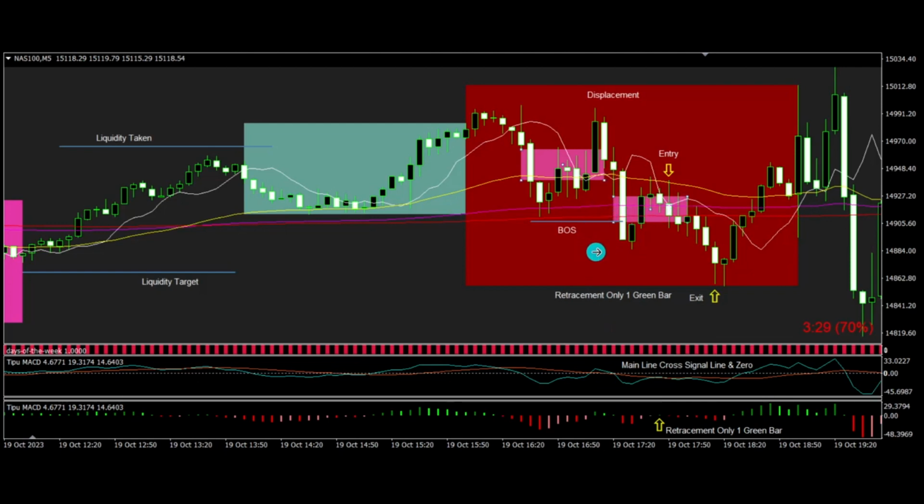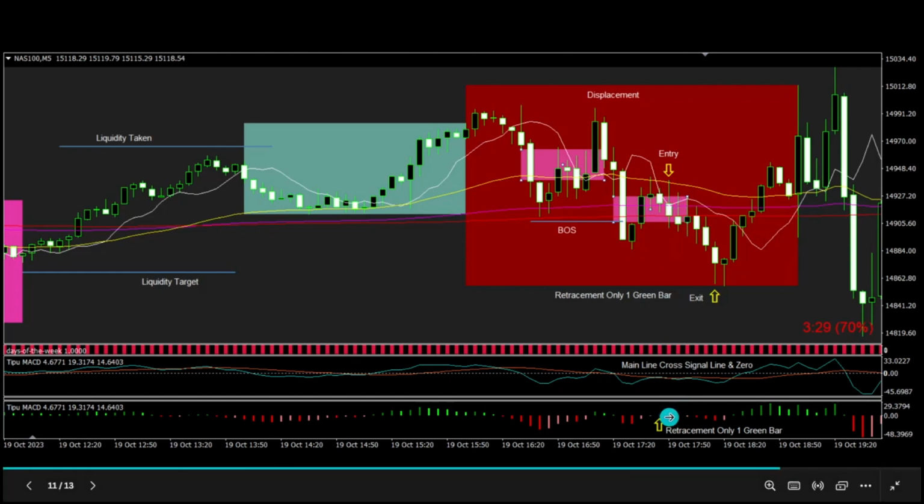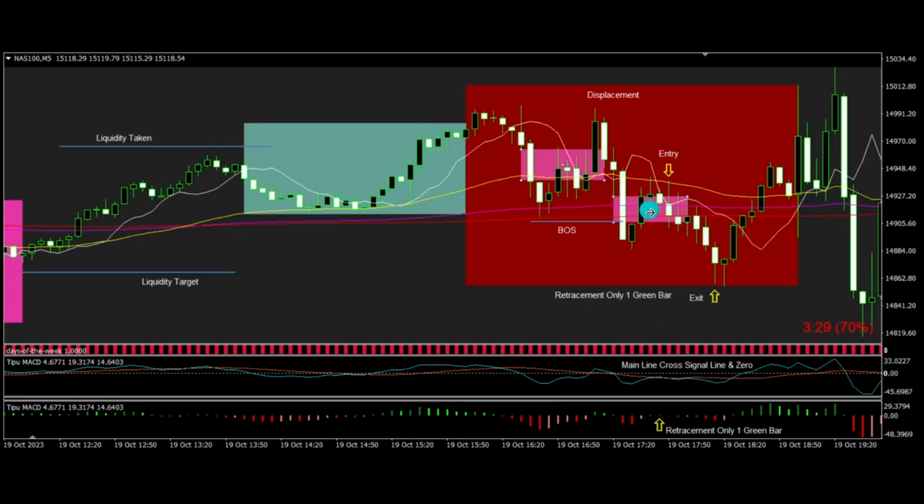Now this is where you want to pay attention, because price moved outside of the fair value gap, which in some instances negates your trade. However, price moves back in and then closes outside of the fair value gap. This could be your legitimate entry because of the retracement where there's a red histogram. However, you can also enter here because price closes below the 50% level of this fair value gap.